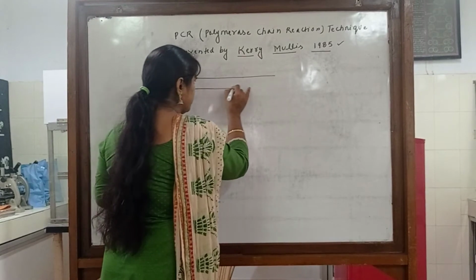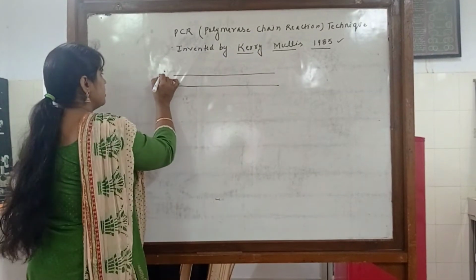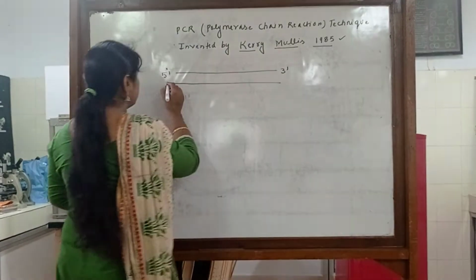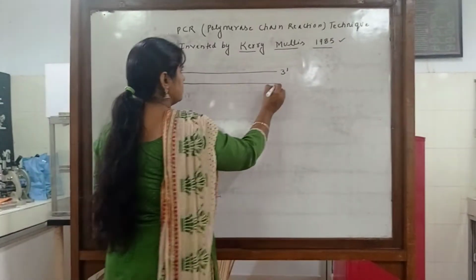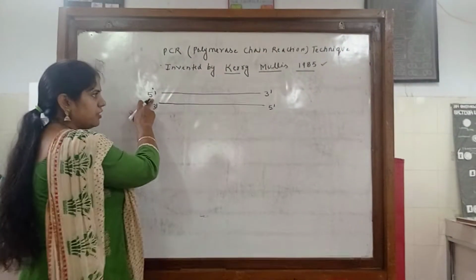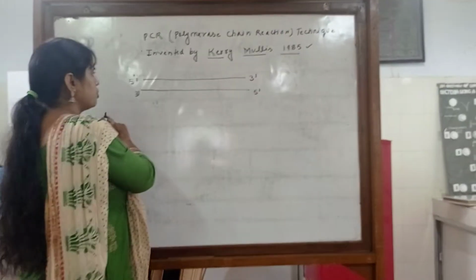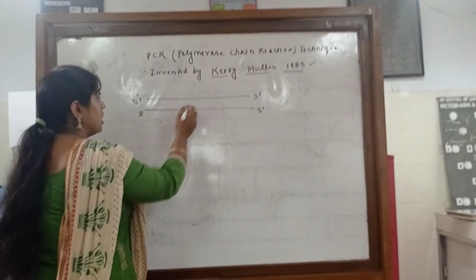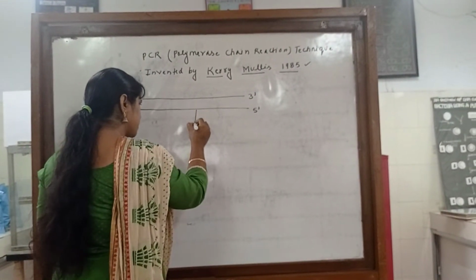This is the double strand DNA. As we know, this is the 5' end, where the phosphate group is present, and this is the 3' end. Clear?